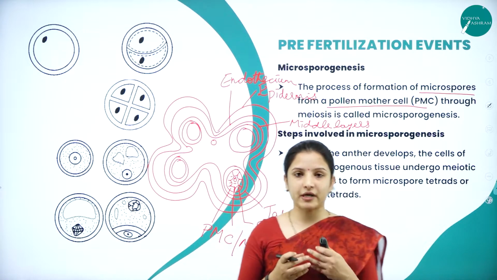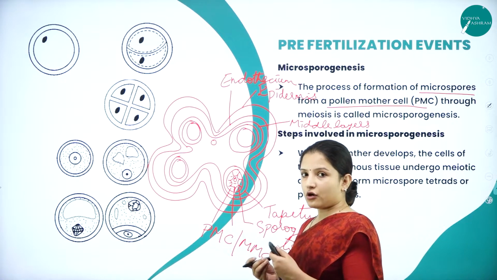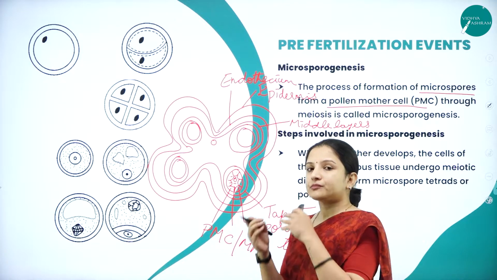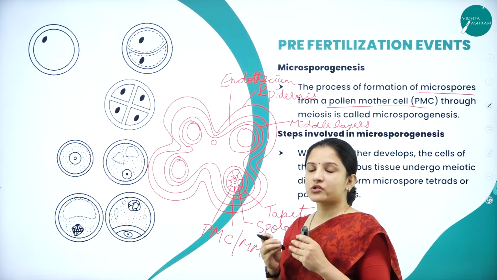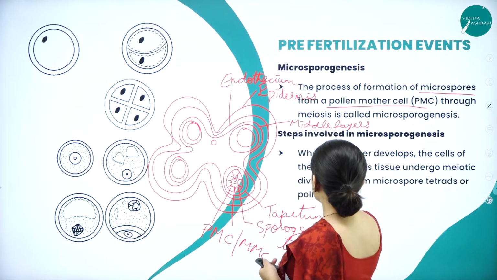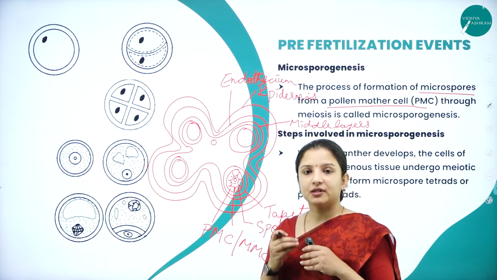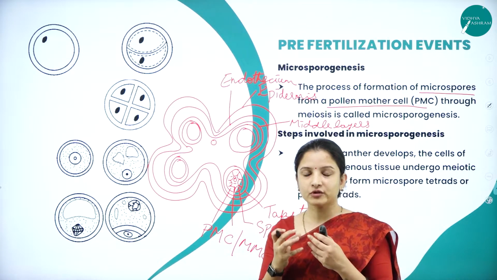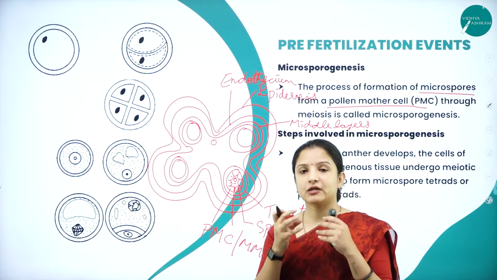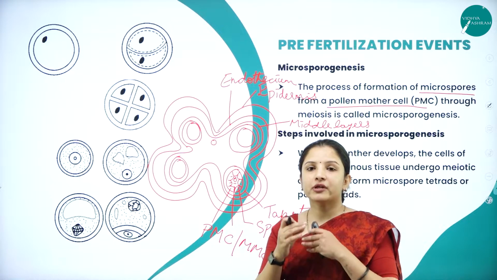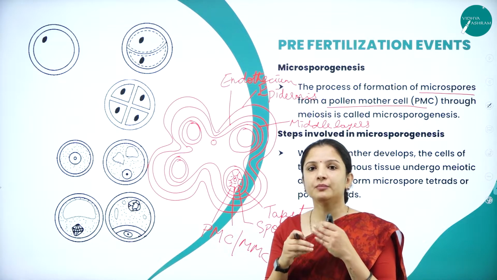Why do you call it microsporogenesis? Because it takes place in the microsporangium, which is a part of the anther, the male reproductive structure of the flower, and this microsporangium produces the microspores. Microspores are the minute spores. They are also called the pollen grains. Genesis is to generate or develop something new.